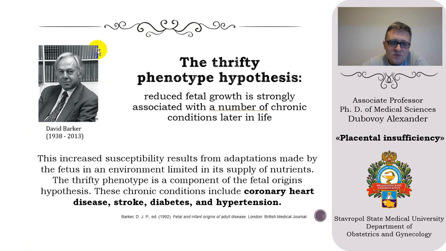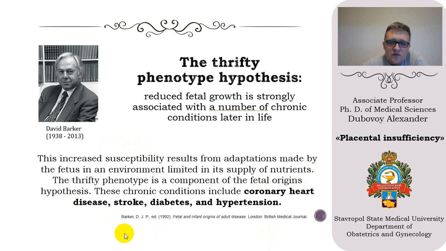David James Barker was an English physician and epidemiologist and originator of the Barker hypothesis that fetal and early infant conditions have a permanent effect on the body's metabolism and chronic conditions later in life. This increased susceptibility results from adaptation made by the fetus to an environment limited in its supply of nutrients.